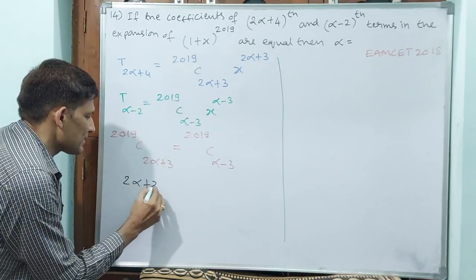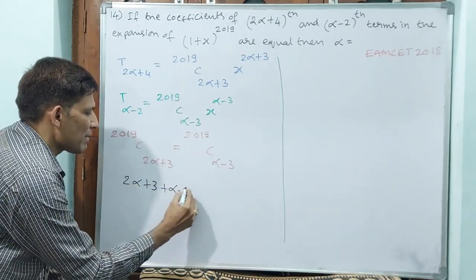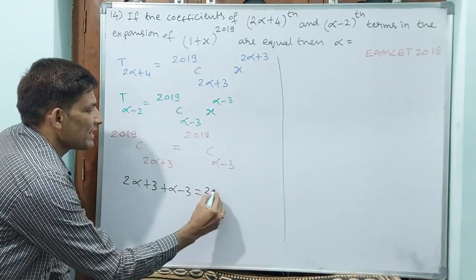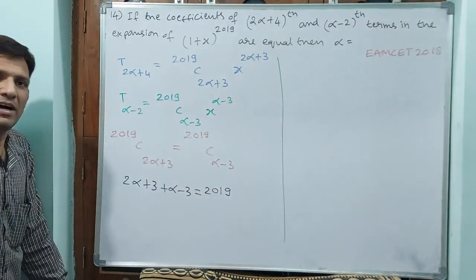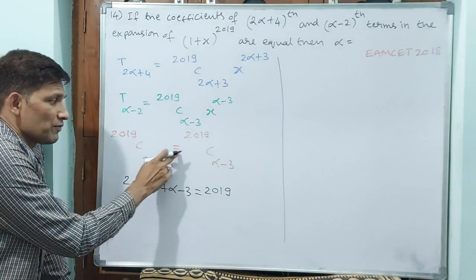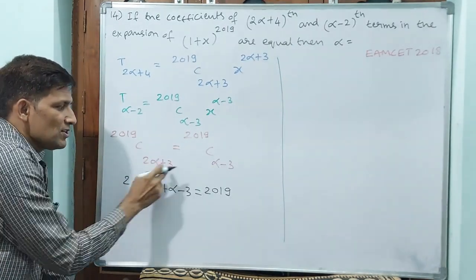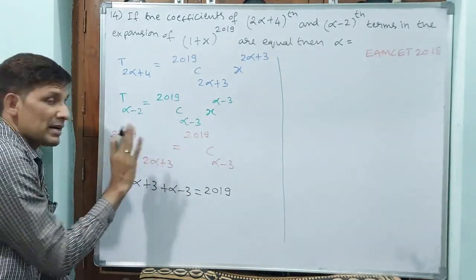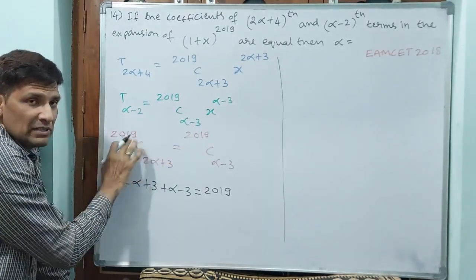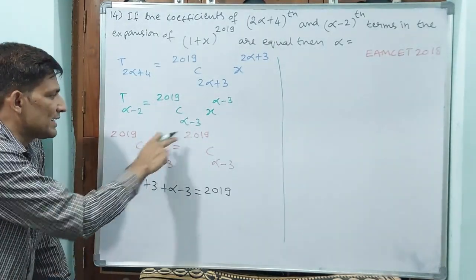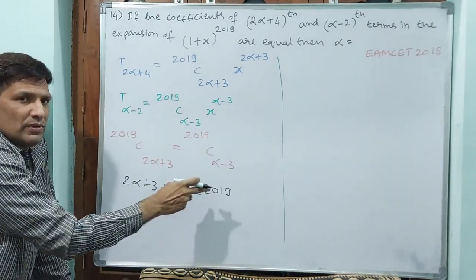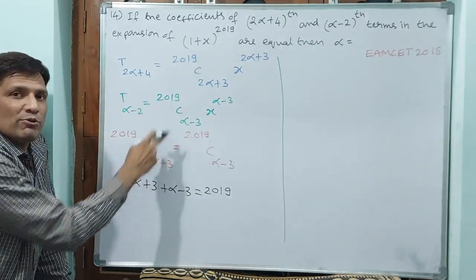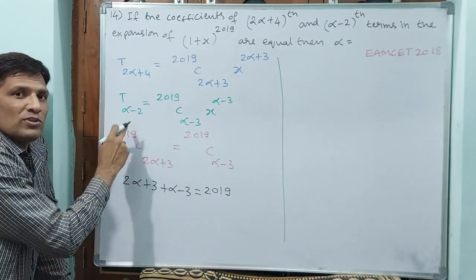2α+3 plus α−3 is equal to 2019. If the equal symbol is there and we add these, this will come automatically. Both should be n C p equal to n C q; if n C p is equal to n C q, then p plus q is equal to n.